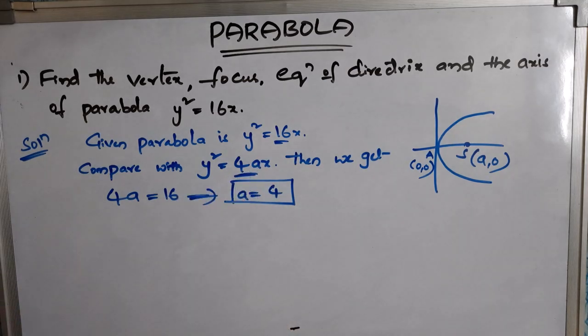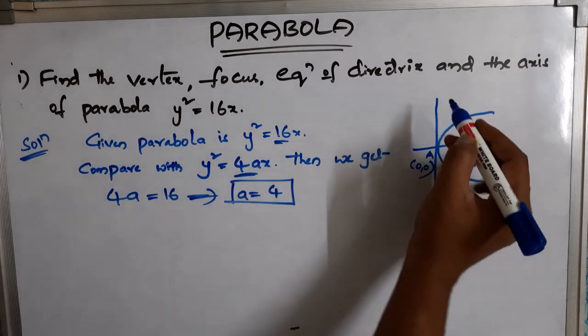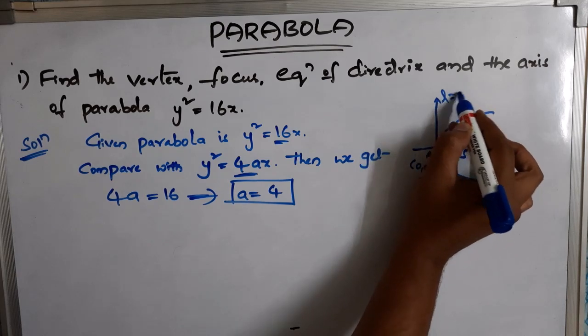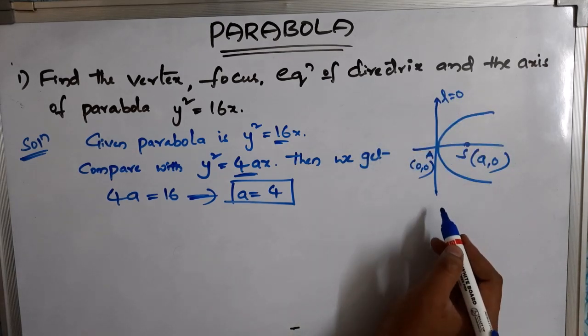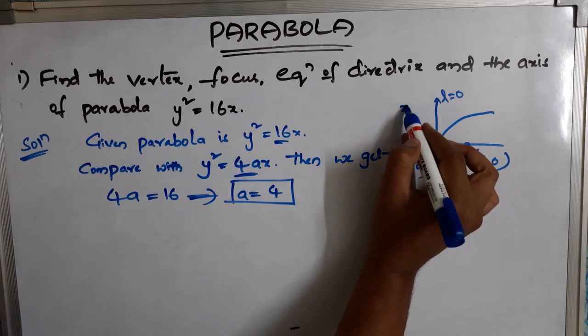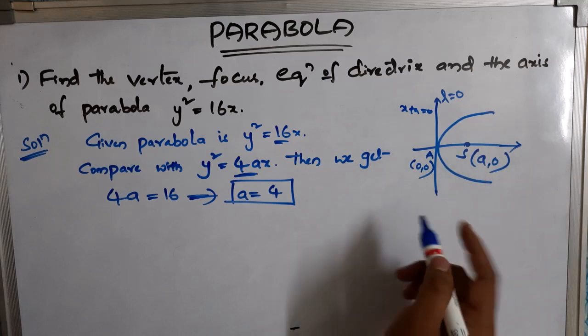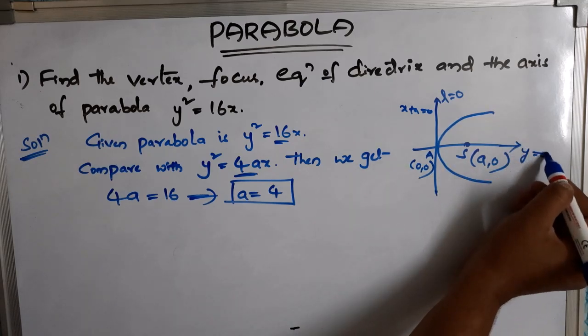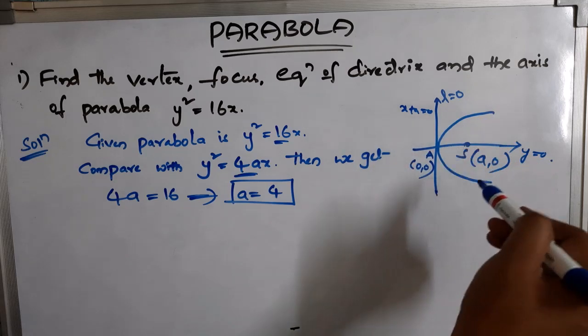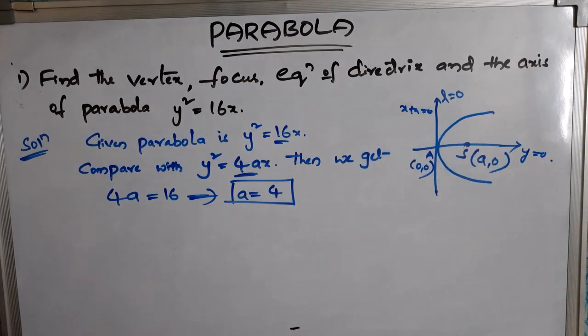And the equation of directrix is x plus a is equals to 0, and the equation of axis is y is equals to 0, because the parabola lies on the x axis. Whenever the parabola lies on the x axis, the equation of the axis is y is equals to 0.